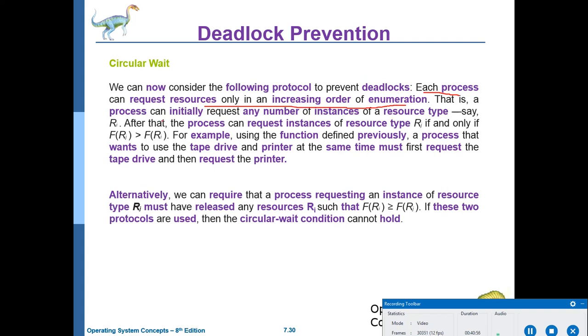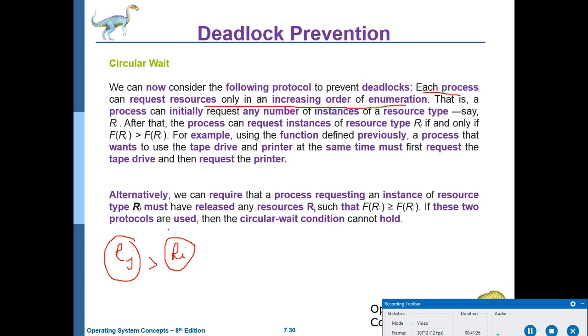That means if a process has initially requested a resource, say Ri, then the process can request an instance of a resource Rj only if the value of Rj is greater than Ri. Ri is the resource previously used and Rj is the resource requested after Ri.